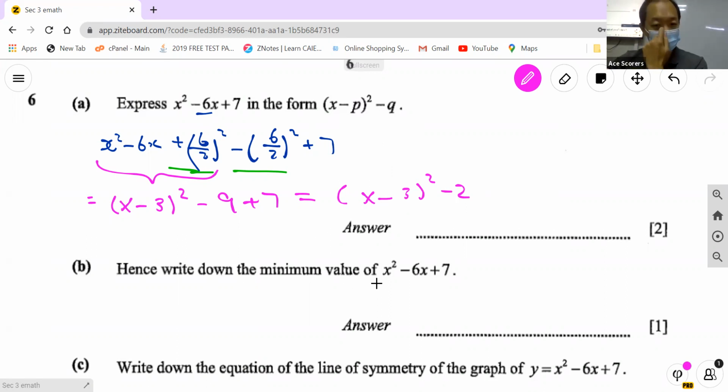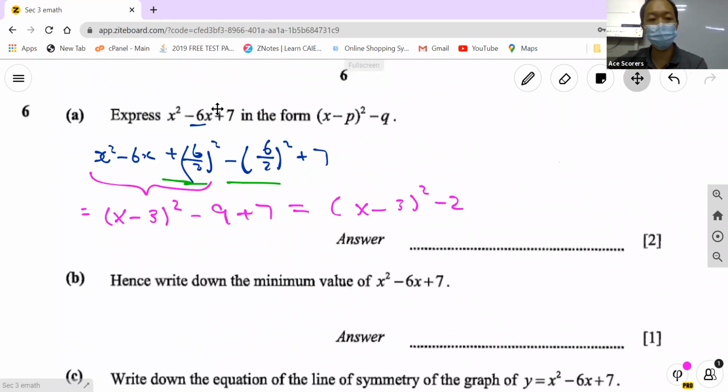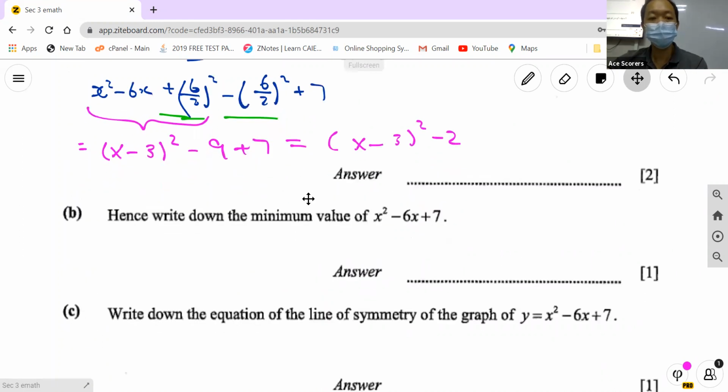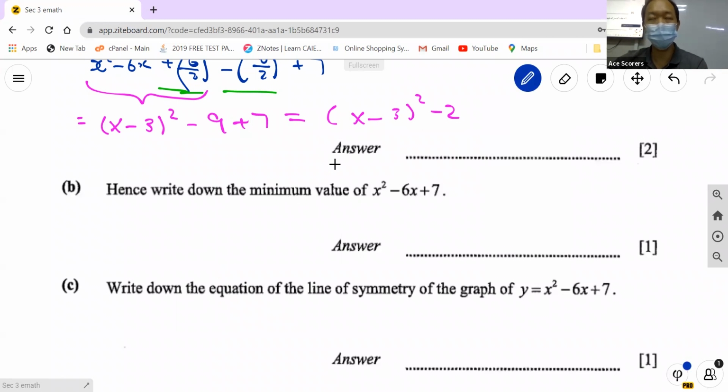Hence, write the minimum value of x squared minus 6x plus 7. When you have converted the quadratic to this form, you can immediately identify the minimum point. We take this value times a negative number, so immediately we get 3 and minus 2.